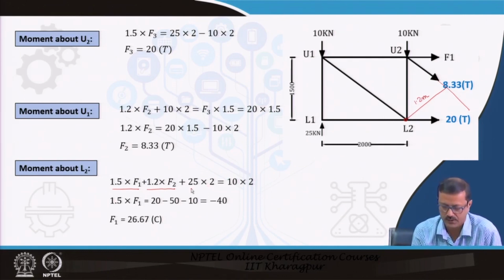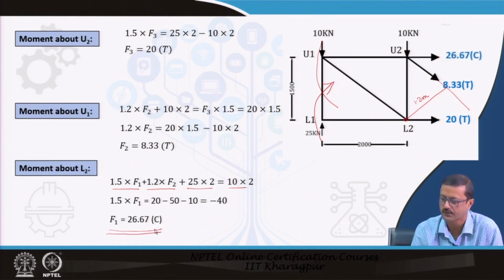So, this 25 into 2 is counterbalancing, and this 10 into 2 is equal to this. So, we equate, and then finally we can find out that F1 is equal to 26.67 compression.